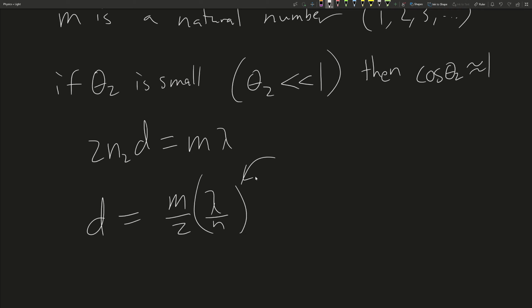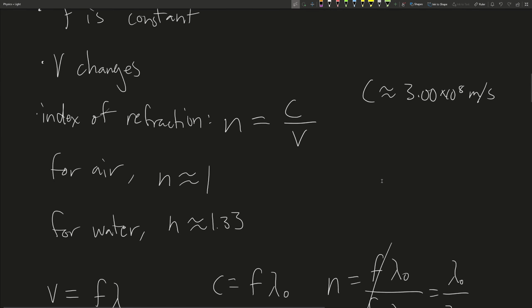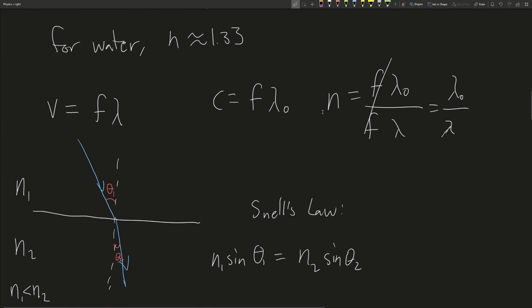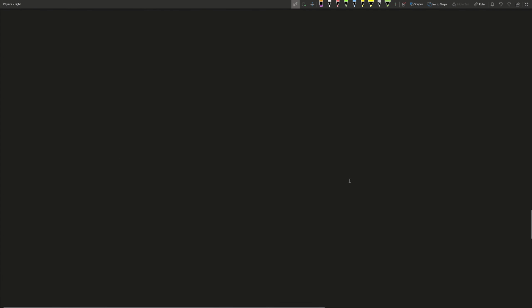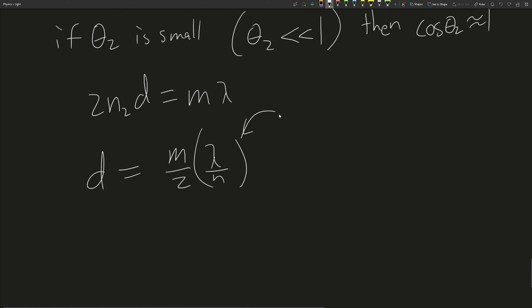And now if we remember back up here, the wavelength divided by n is just going to be equal to the wavelength of the light inside the medium.